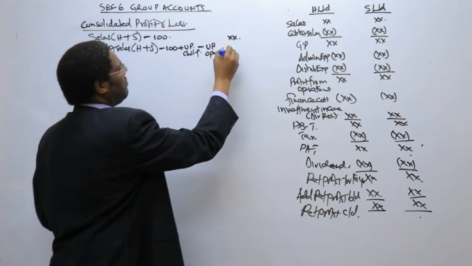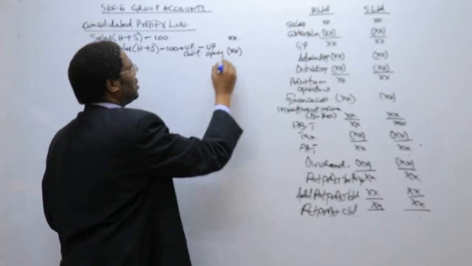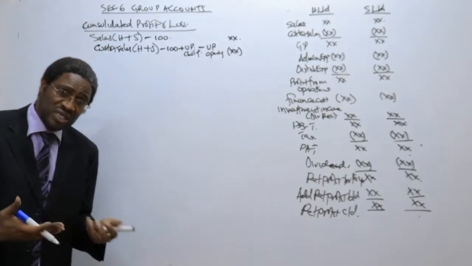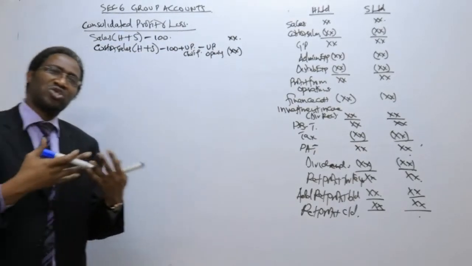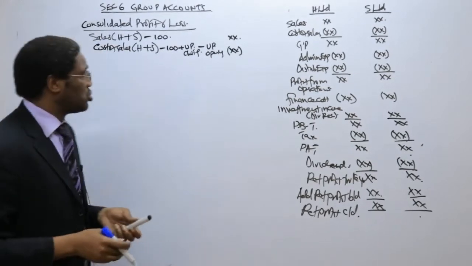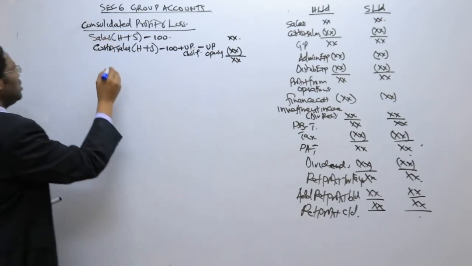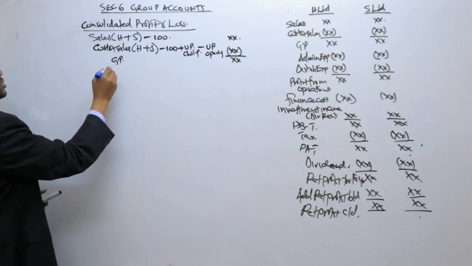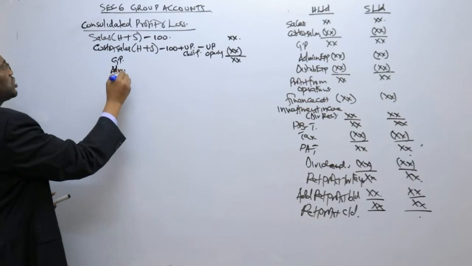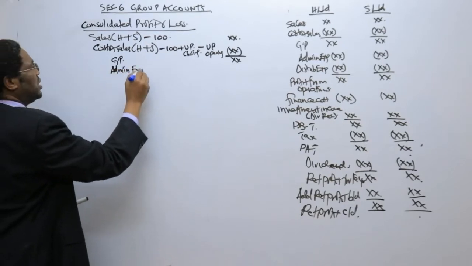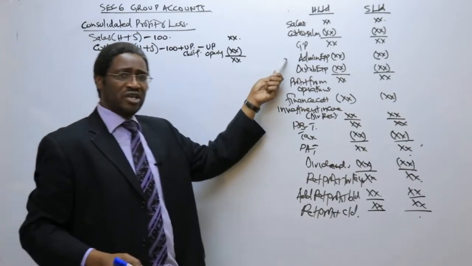Then we said if there are no other adjustments affecting cost of sales, that's what you get as the group cost of sales. That's what you deduct. Then from there, you get the gross profit. Then you move to the next item, which according to the income statement is admin expenses.